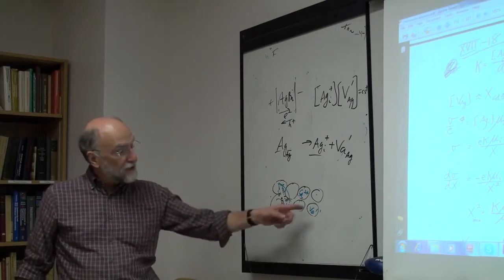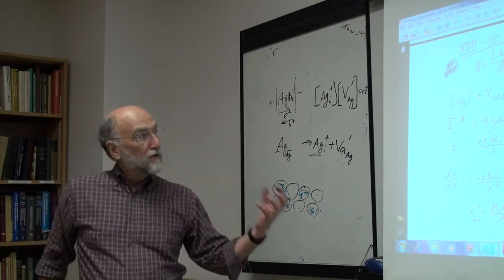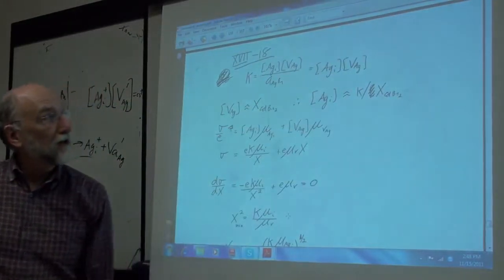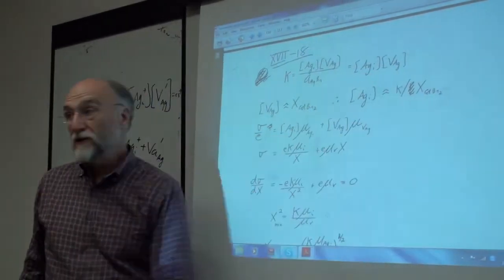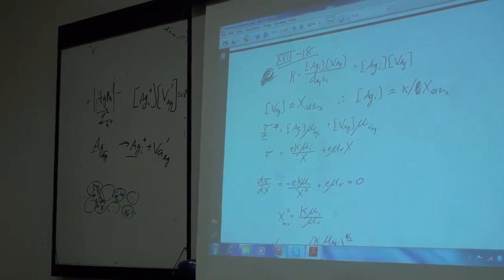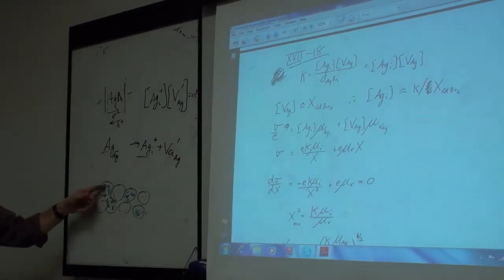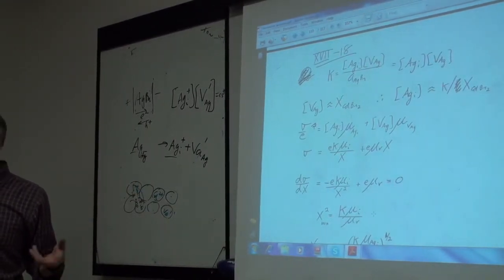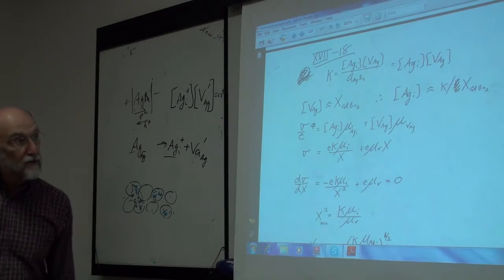So this is called an extrinsic defect. If you have pure silver bromide, you'll have a certain concentration of interstitials and a certain concentration of vacancies. This is called the intrinsic concentration. It's just in pure silver bromide by thermal activation. Silvers now and then pop off the lattice site, go into here, and then move through. So this is your intrinsic concentration.